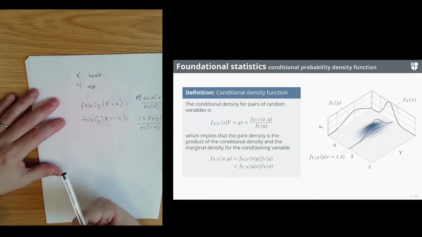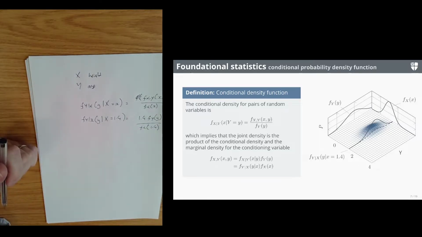And this actually gives another 1D distribution, which is the probability of the age. And in this example, the most likely age, or if you like, the mode of it, is about 10 years of age, 10 years old. So if someone's 1.4 meters, then they're most likely to be about 10 years old.